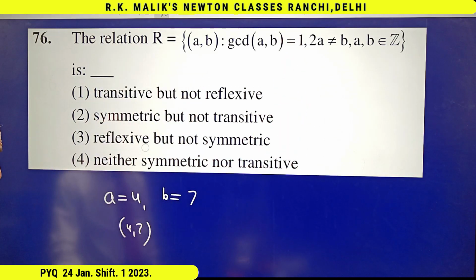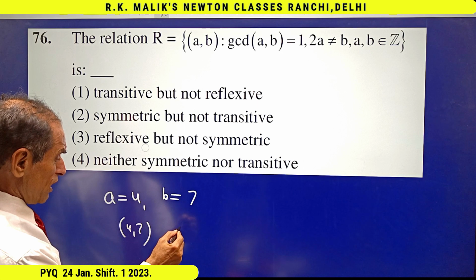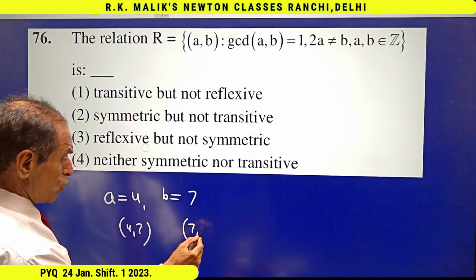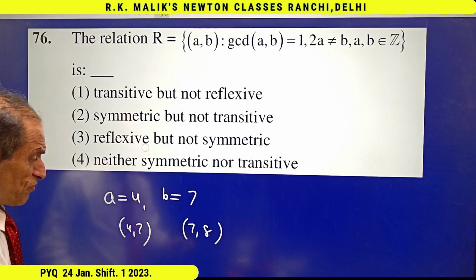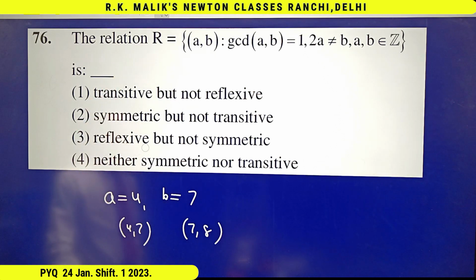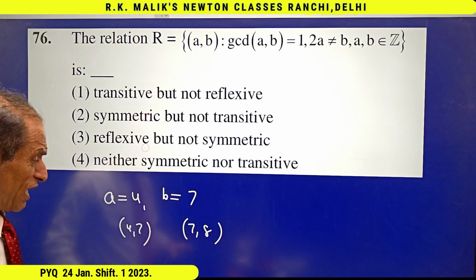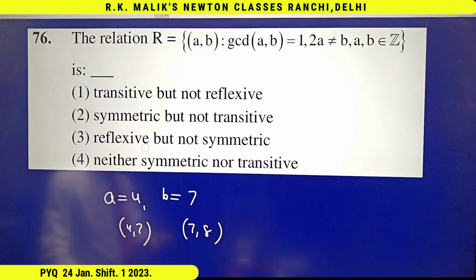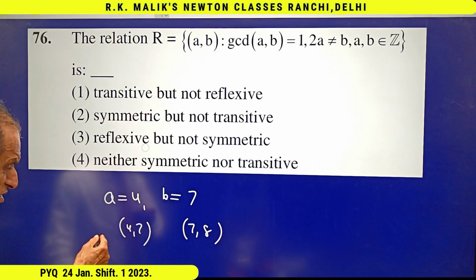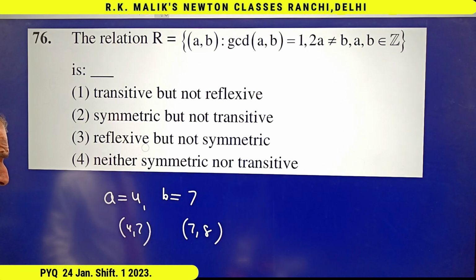That is not required to check. And I take one more example, (7,8). This also belongs to R. I have taken one number as 7 because 7 is prime, and it is easy to see that if 7 is prime, its GCD with any natural number will be 1.